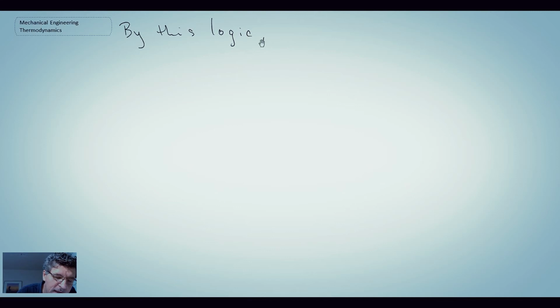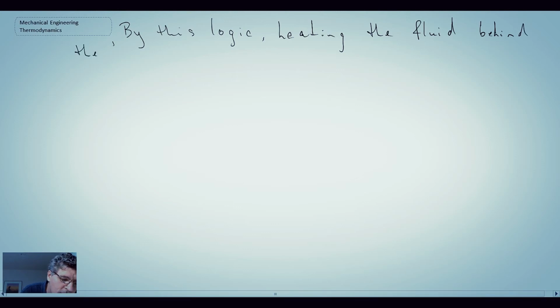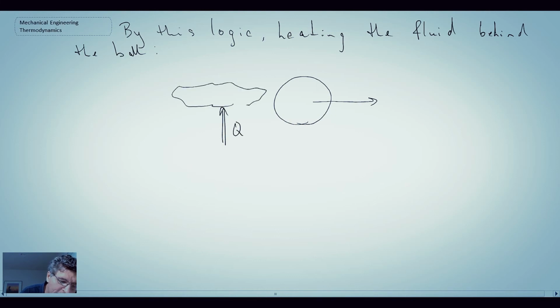But by this logic, we can say that heating the fluid behind the ball, so if we have a ball that's in flight moving along and somehow we are able to transfer heat into the fluid here, if we do this and we do it well, we should be able to make the ball go faster.